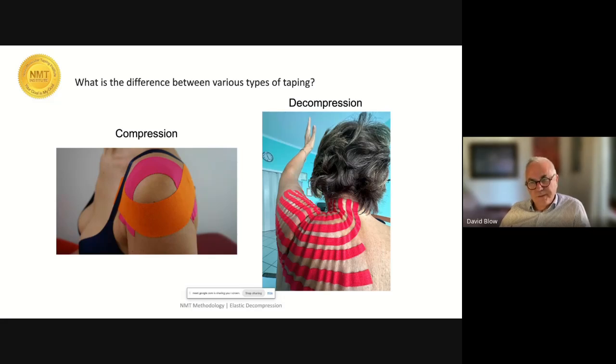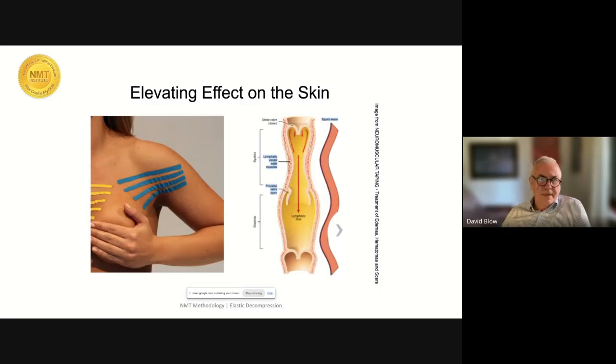The difference is the wave pattern on the tape, and the wave indicates a tape which is eccentric. So the elevation effect on the skin is our key. For example, in this case, we have the anterior armpit, axillary area. You see here with the arm in a neutral position, there's some wrinkle. Obviously, putting the arm in an anterior flexed position, the tape is going to wrinkle more.